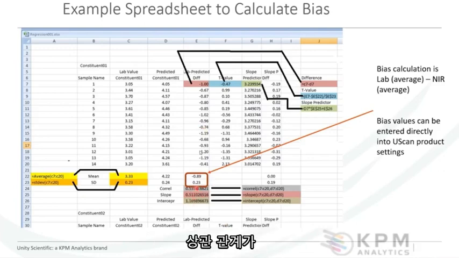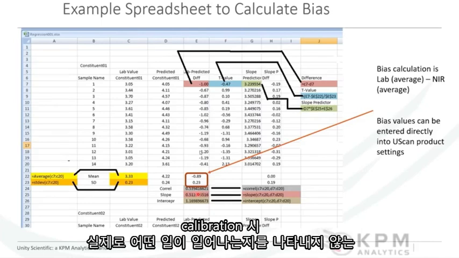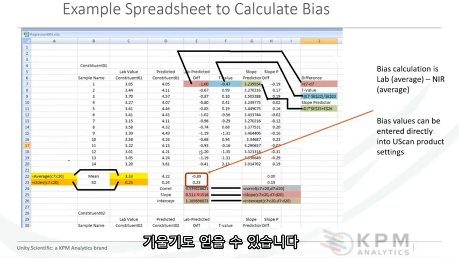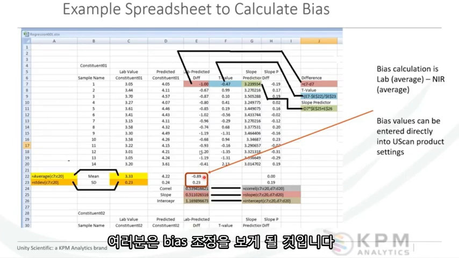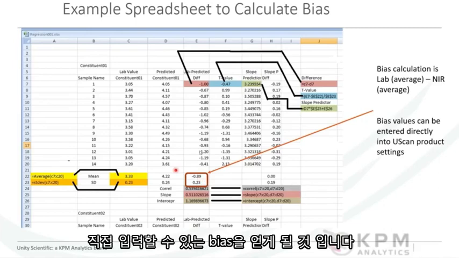So don't be too concerned if your correlation is not great. Because you're clustered around the mean, you can also get slopes that are not indicative of what is really happening with your calibration. So for the vast majority of these evaluations, you're going to be looking at a bias adjustment. And again, if you do the simple subtraction between the means, you will get a bias that you can then input directly into UScan.